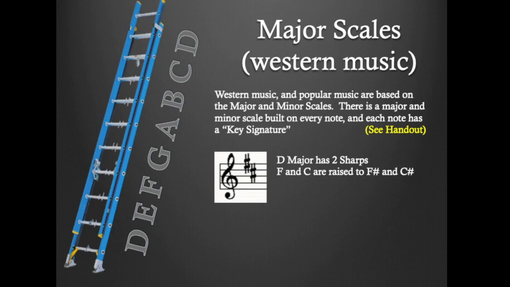And we see in this particular case that D major has 2 sharps, F sharp and C sharp, on the notes on the staff there. And so it says that the notes F and C in the D major scale will be raised, and they'll be black notes instead of white notes on the piano.